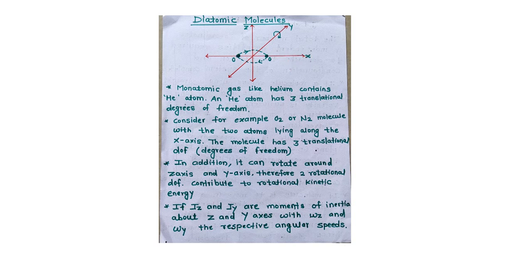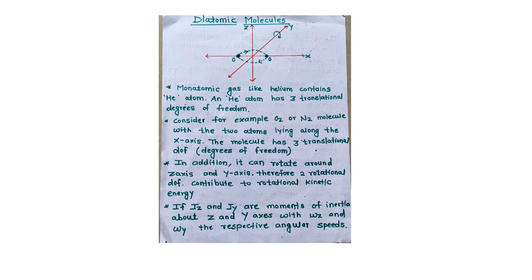Students, a monoatomic gas like helium contains He atoms and a He atom has 3 translational degrees of freedom. For a diatomic molecule, consider the O2 or N2 molecule with the 2 atoms lying along the x-axis. The molecule has 3 translational degrees of freedom.